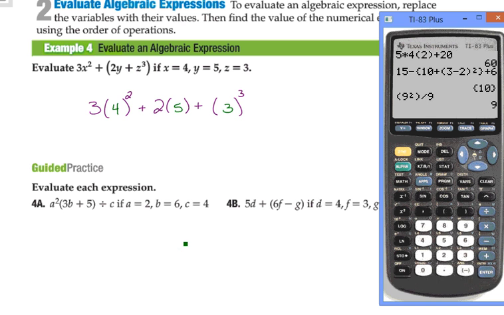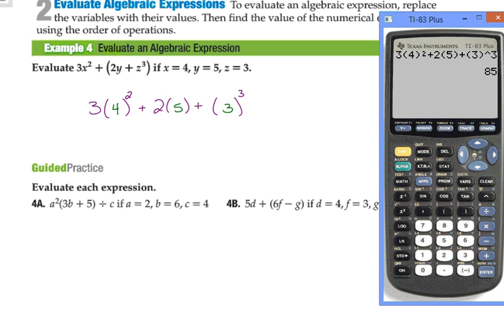Using those parentheses, they're not always needed, but again, getting used to them now is going to help save some time later. Notice that I closed that parenthesis before I squared it, because that square deals with the whole value of x. Plus 2 times 5 plus 3, close that parenthesis to the power of 3.